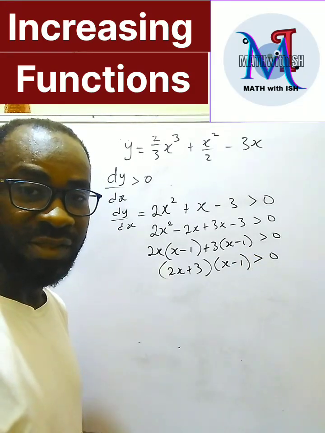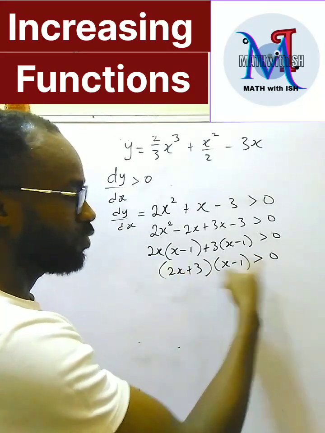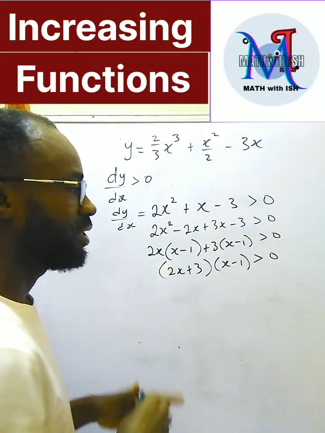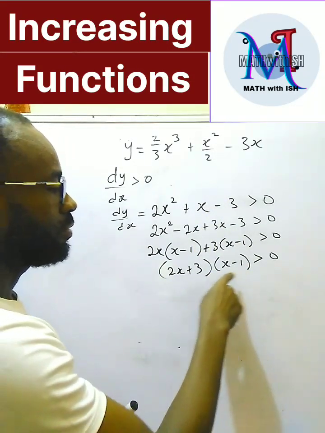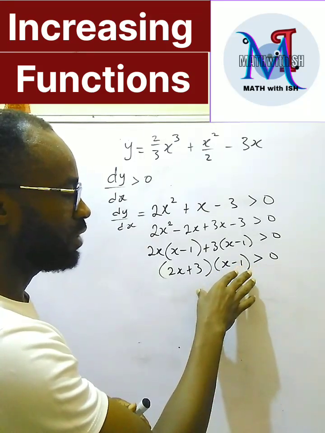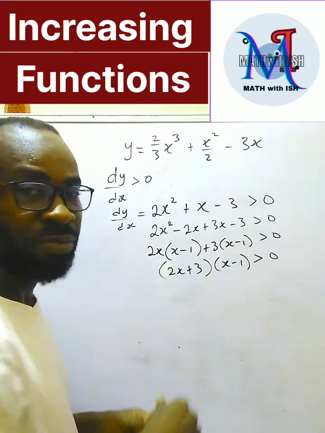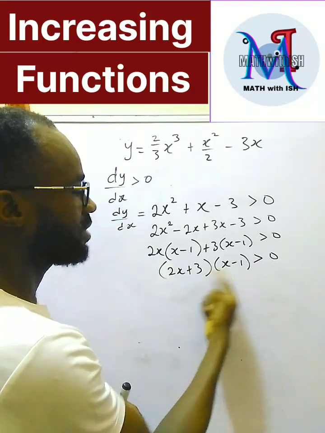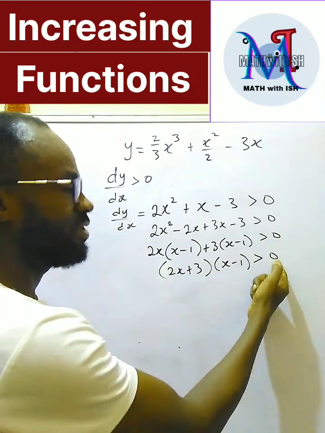Okay, now remember that this is a quadratic inequality and we have factorized it to this term. Now all we have to do is to compare. This is saying that 2 numbers are multiplying themselves and is greater than 0.